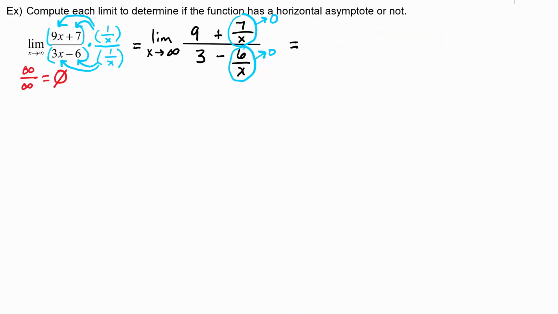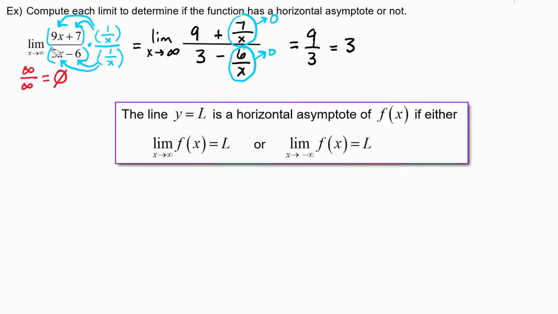So now all we have left is this constant of 9 over 3, which of course we know equals 3. And because the limit as x goes to infinity of the function equaled a real number, we say therefore there is a horizontal asymptote at y equals 3.